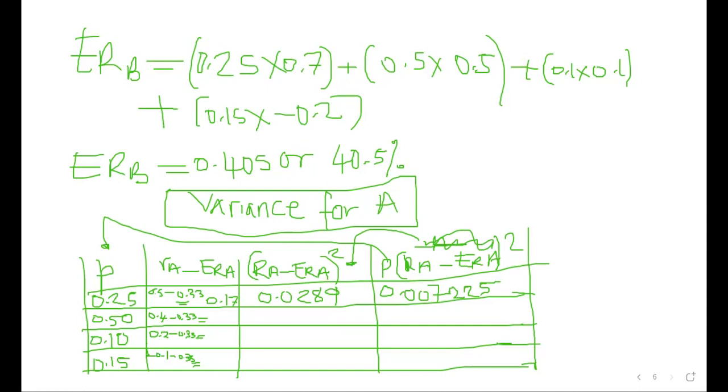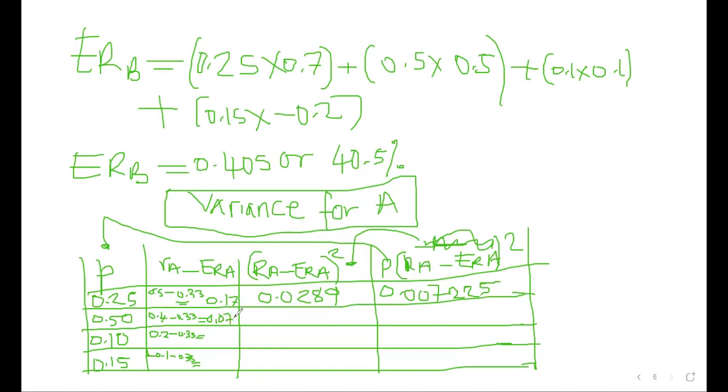Okay, so let's move on to the other one. 0.4 minus 0.33 is 0.07.